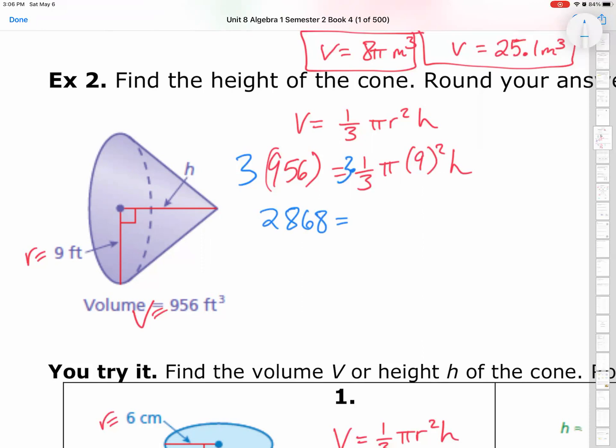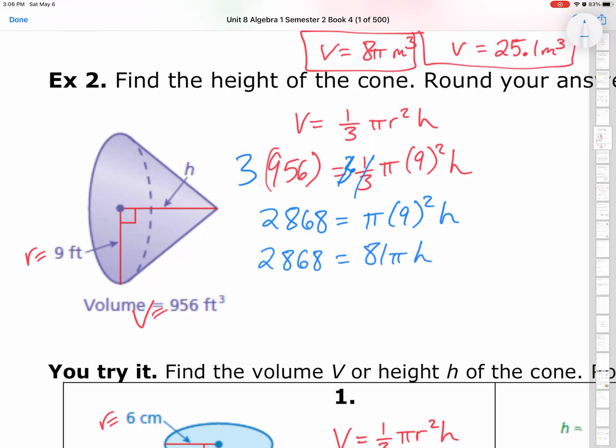Now, on the right side, this 3 is going to cancel with the 1/3. And so we're just left with pi times the 9 squared times the height, right? Great. We don't have any more fractions. And so now we can solve like we normally would. Here we have 2,868 equals 81 pi h.